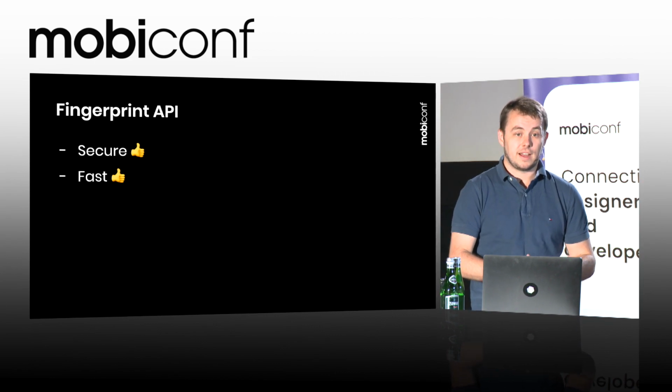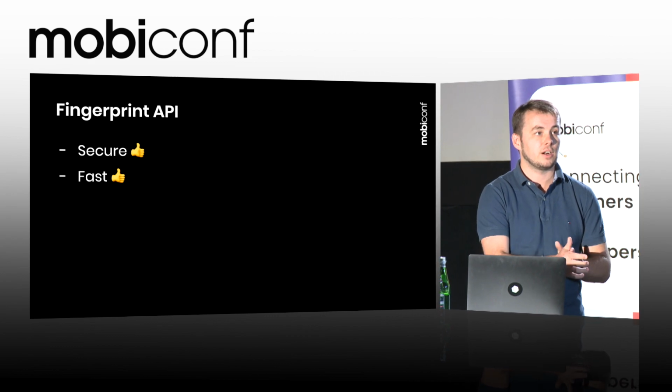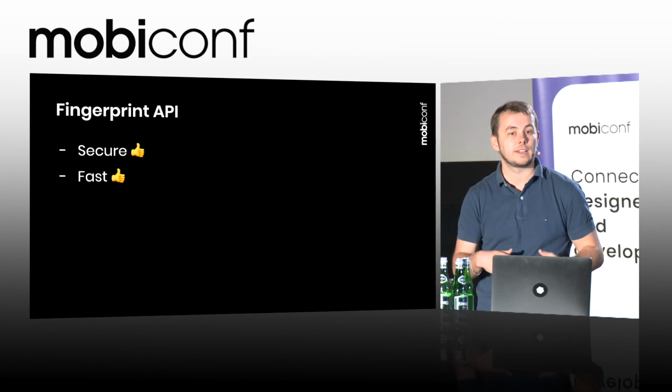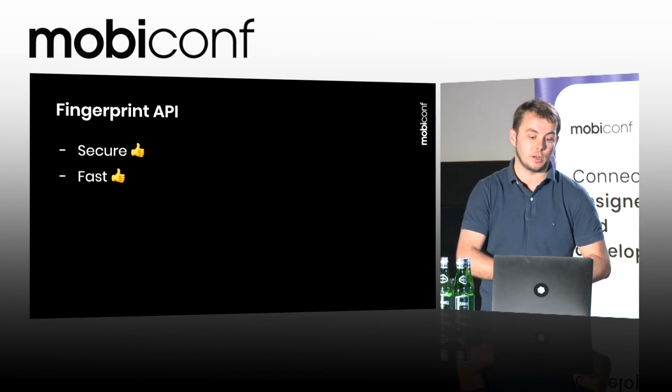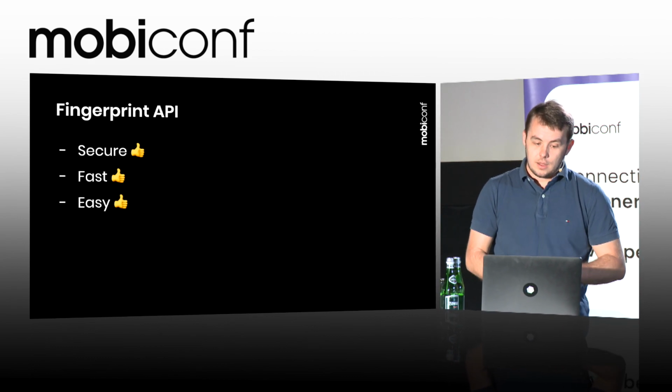Second, it is fast. What can be faster than just putting your finger to a scanner and the process is done? It's even faster than clicking on some dialog. I'm not even comparing with typing your own password.